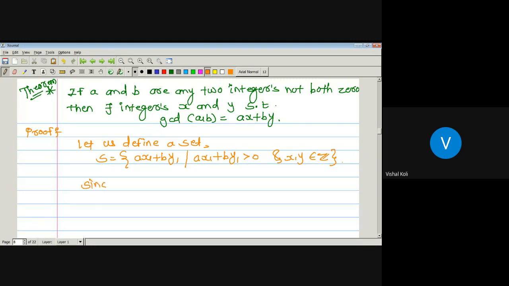Since at least one of A and B is non-zero, it means modulus of A, modulus of B belong to S. Since set S contains all the linear combinations of A and B which are greater than 0, as A and B are any two integers, if suppose both are non-zero, whatever they are, either positive or negative, the modulus will always be positive. Then the modulus of this integer must be a member of S.